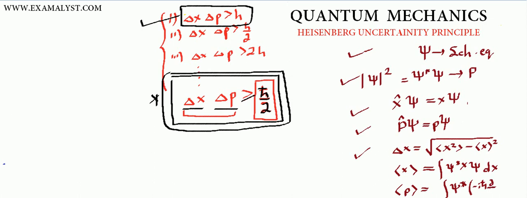Just include the momentum operator in between psi star and psi, and this is the expectation value of momentum. So things are very simple. Here we have also incorporated the position operator. So we know this and we also know this.